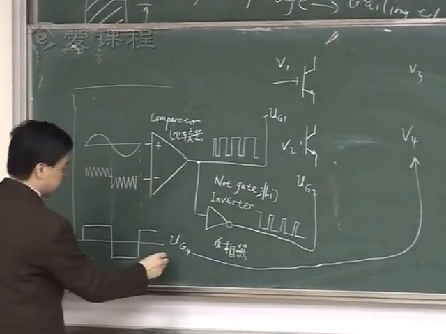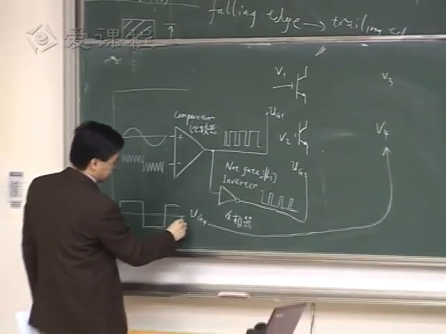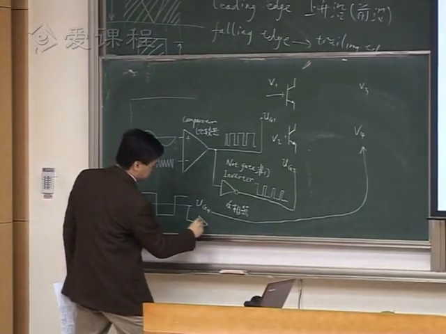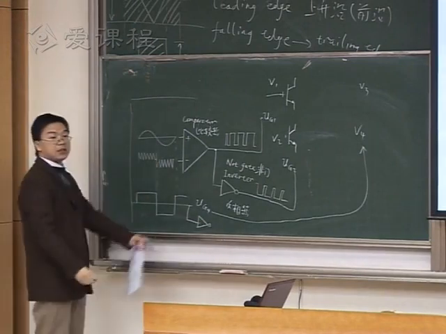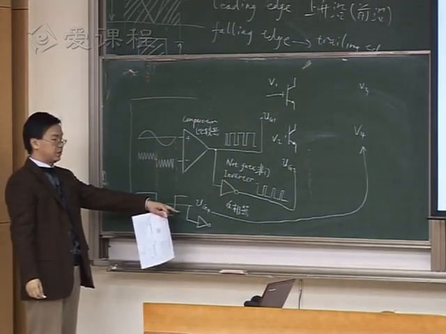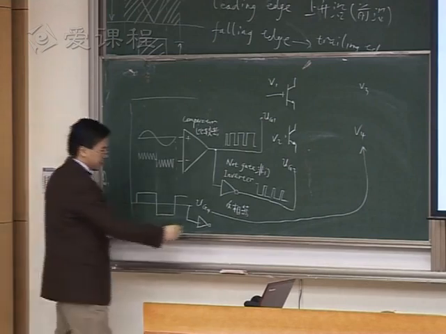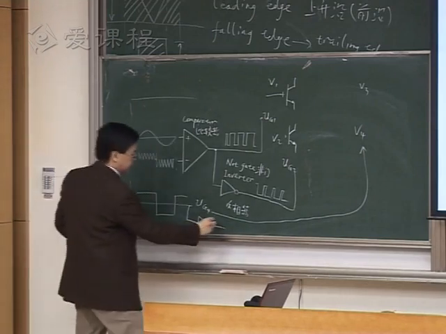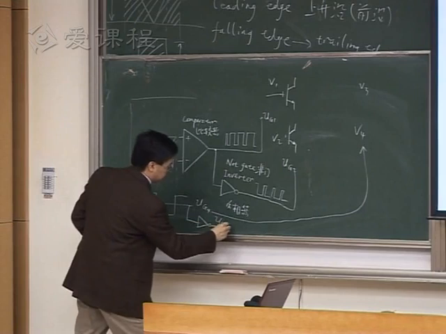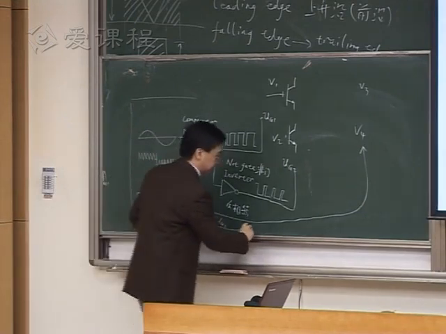And at the same time, I'm also using a NOT gate to reverse the direction of this signal, and therefore use this as the gate signal for V3. Use this to control V3.